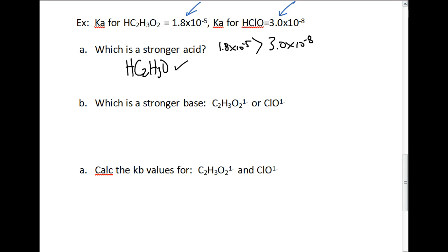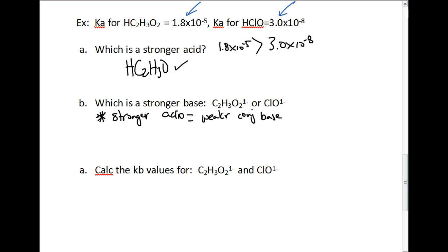Okay. Now, the next question is, which is going to be a stronger base? And these are both conjugate bases of each of these weak acids, the acetate ion and the hypochlorite ion. So there's a rule of thumb that governs this, and the rule of thumb is the stronger acid gives off a weaker conjugate base.